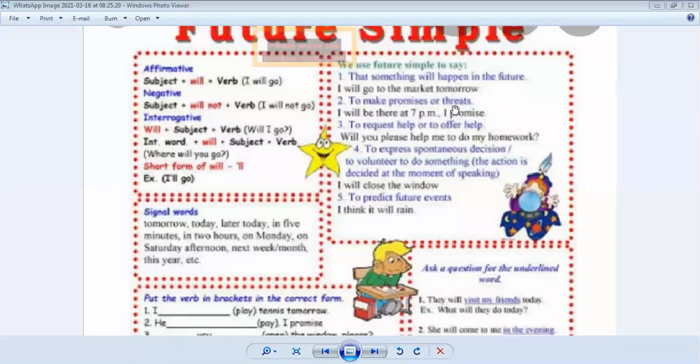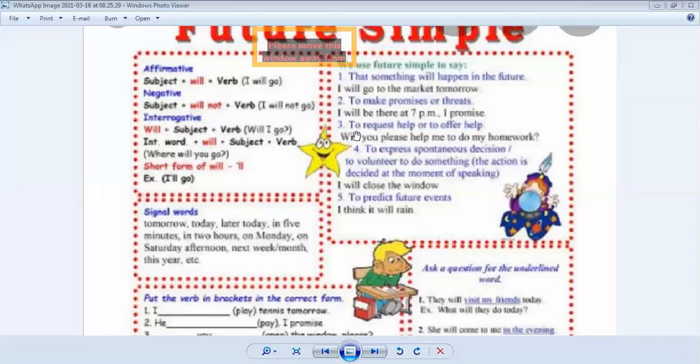Threat means that I tell you something to do, and if you don't do it, you are going to be punished. For example, the teacher said, if you don't do your homework, you will be punished, or you are going to be punished. Is that okay?